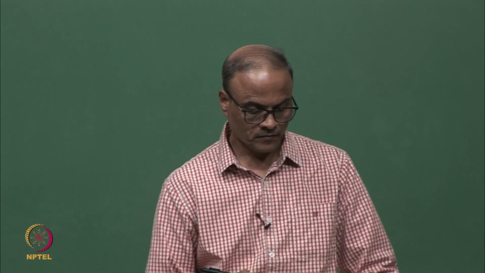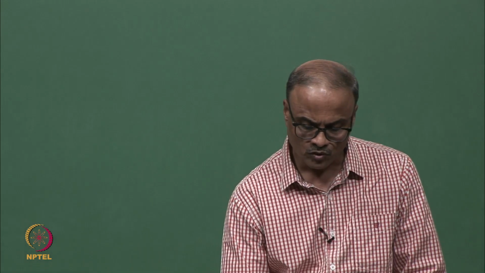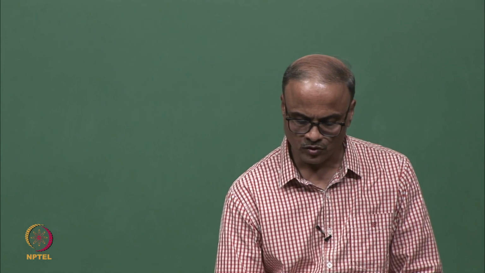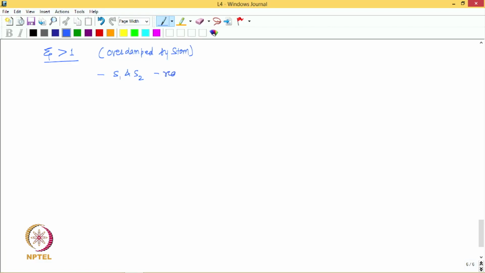Now, in this case the roots S1 and S2 would be real and unequal, because zeta square minus 1 is positive.